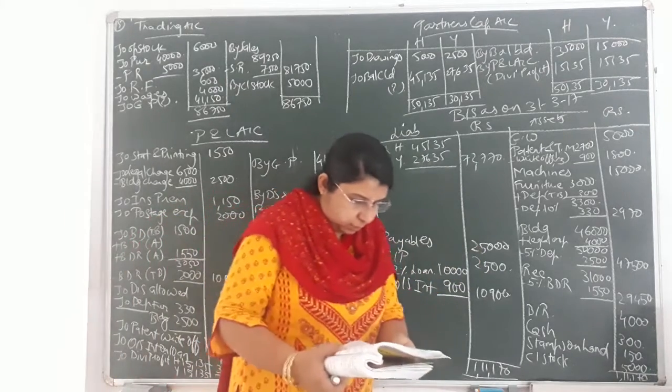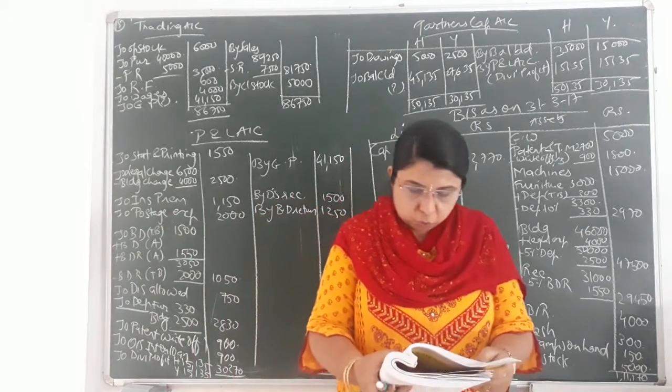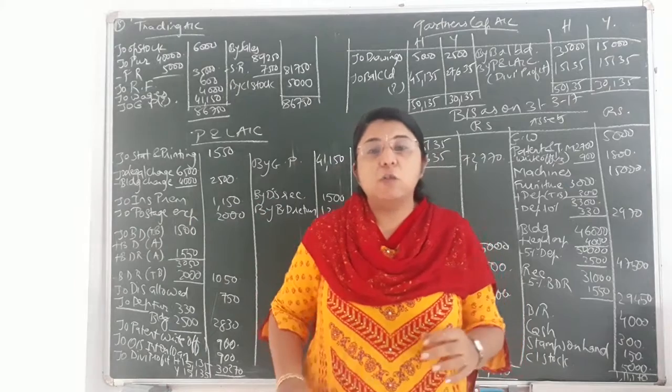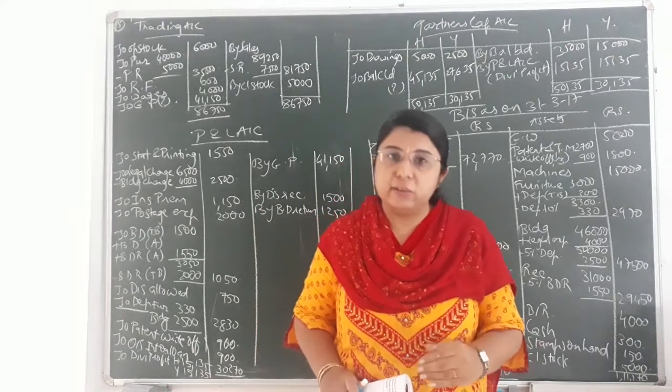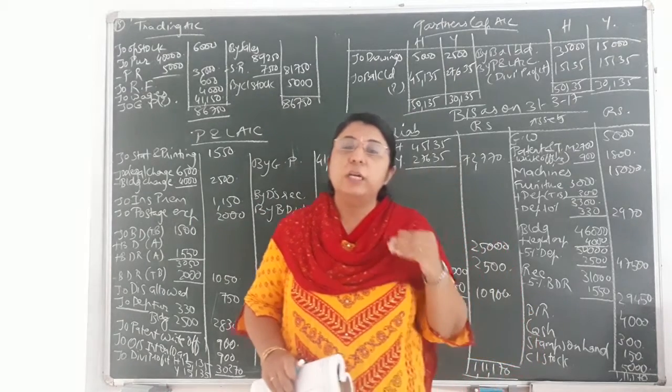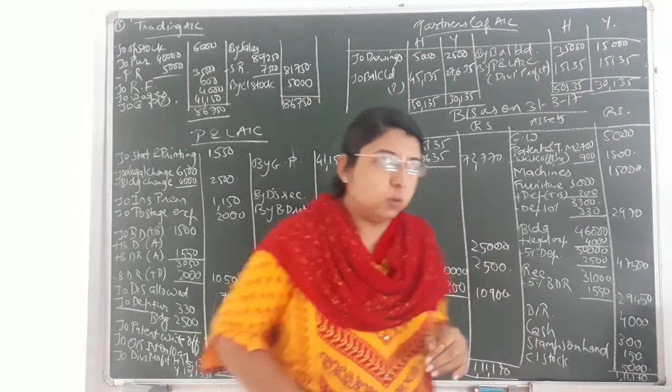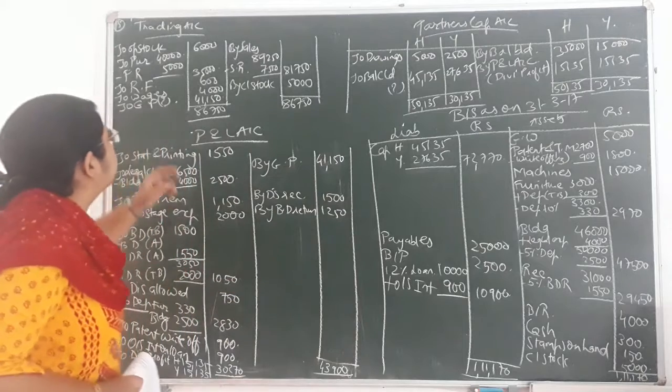Okay. Then afterwards accounts of goods, that is 40,000 and 89,250. Now account of goods, that means purchase and sales. Whatever debit balance is given to you, that is purchase, and whatever credit balance is given to you, that would be your sales. Okay, so that will be recorded on the trading account.